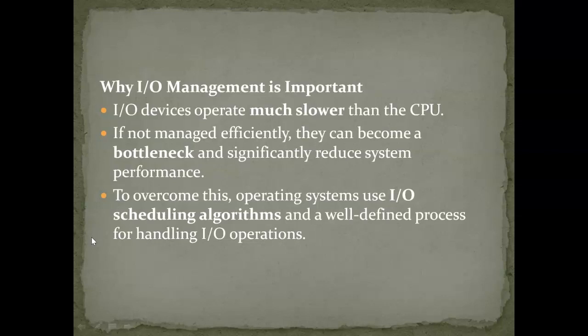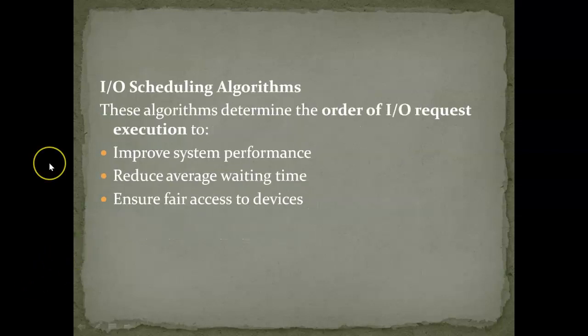So these kind of algorithms are available which will help you to do this input output operations in a proper manner. So what does this input output scheduling algorithm usually do? They determine the order in which this input and output request has to be executed, which basically improves your system's performance.